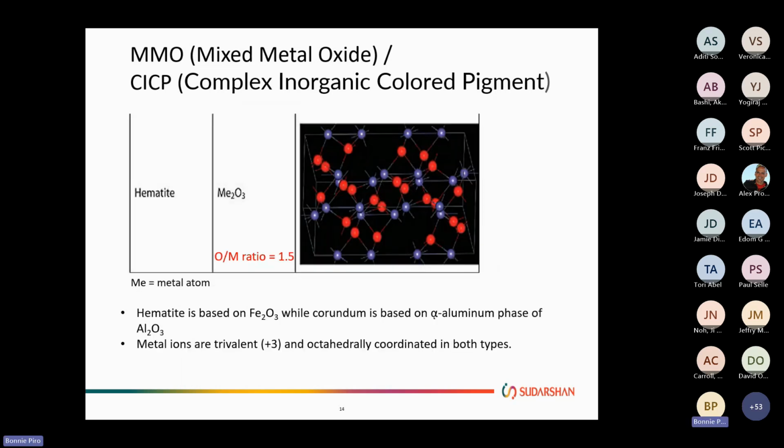And then lastly, the third smaller grouping of CICPs are the hematite, with an oxygen to metal ratio of 1.5. And these are also based off of trivalent metals in an octahedral crystal shape. So those are the key to creating the actual chemistry that we're trying to achieve through this calcination process.